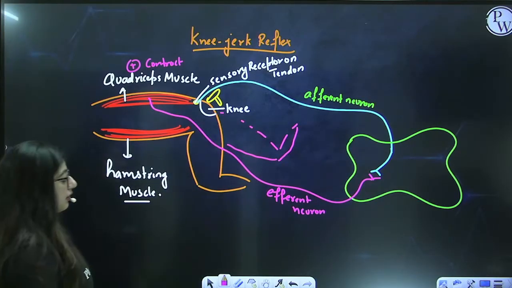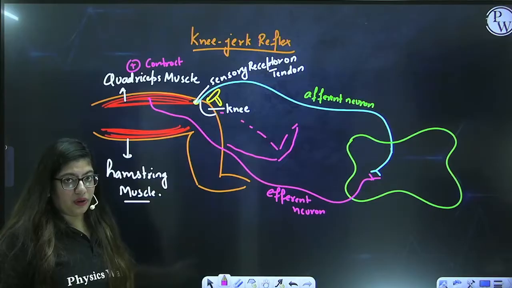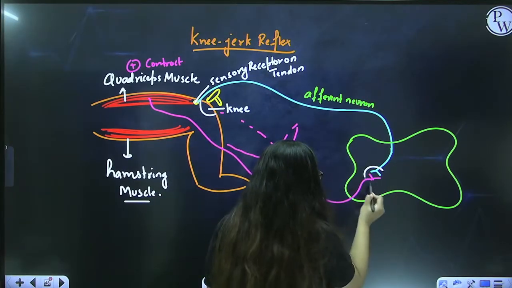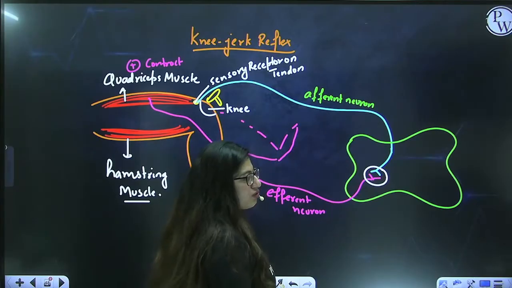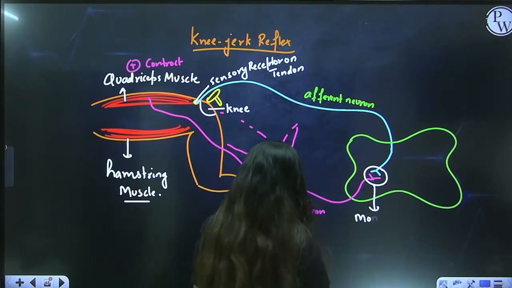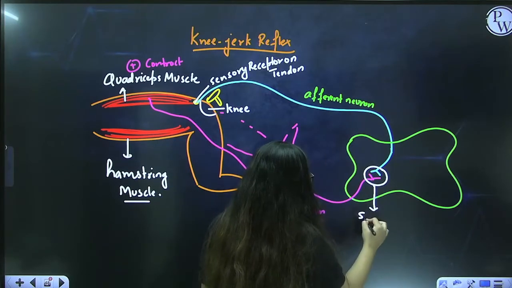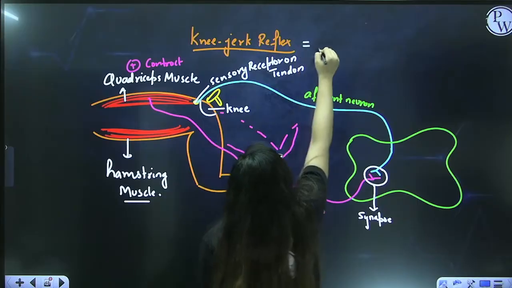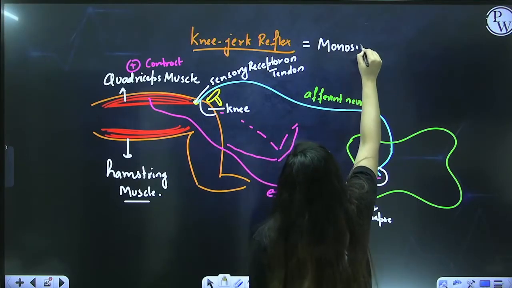Okay, now there is one more reflex going on. This reflex, the knee-jerk reflex, has only one synapse formed in the central nervous system. So you call the knee-jerk reflex a monosynaptic reflex. Because here only one synapse is formed, you call it a monosynaptic reflex.